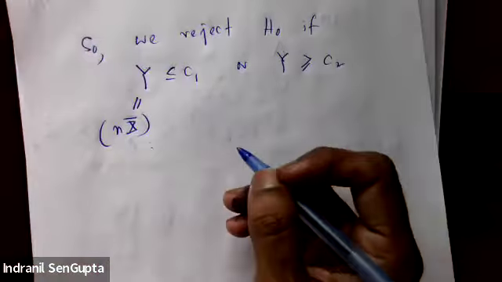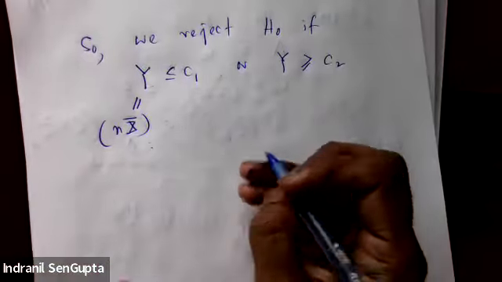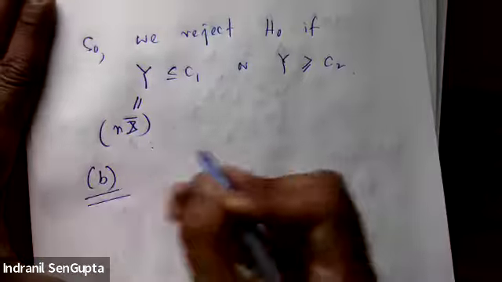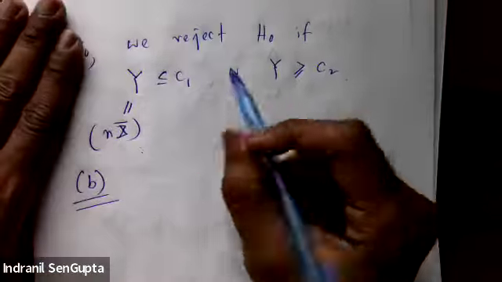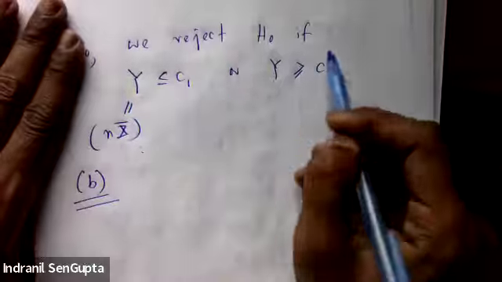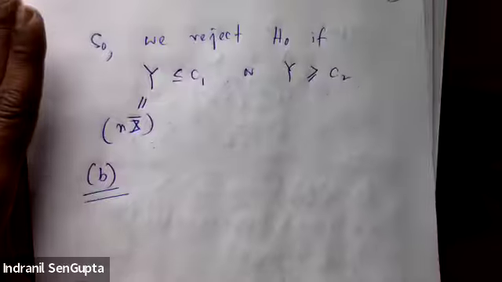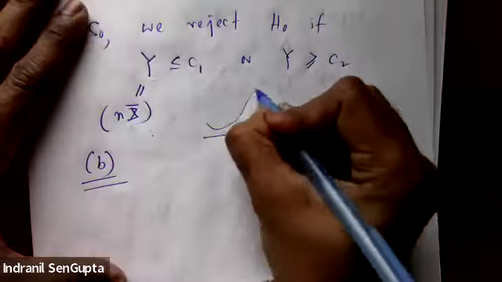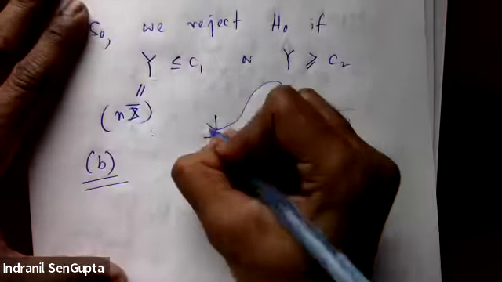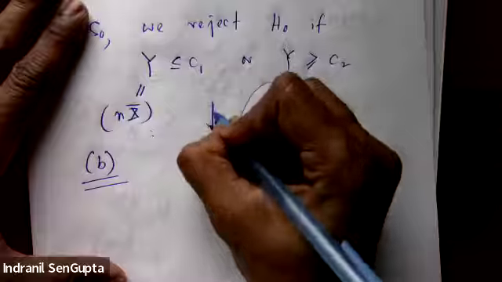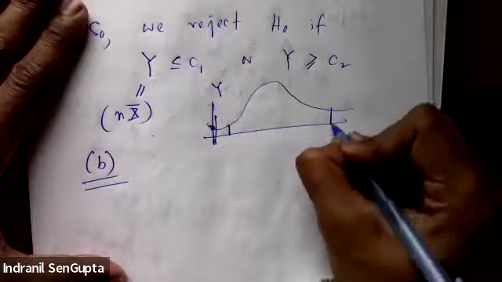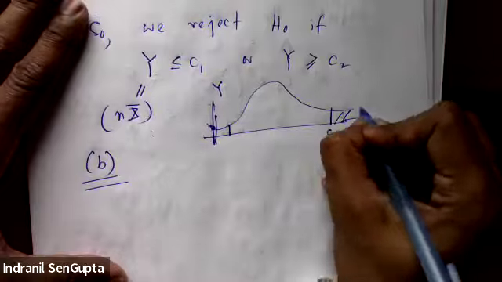So that's it. That's it for part A. Part B, so that is our decision rule. So whenever this Y is less than some constant or bigger than some other constant, then we reject the null hypothesis. We'll not specify it here. So if I draw a picture, maybe this is the Y random variable, and when it's more than C2, we reject it.